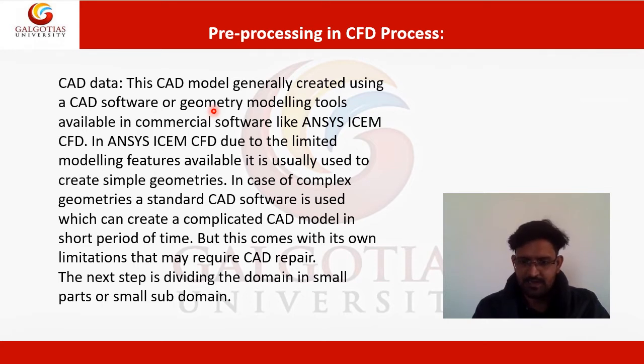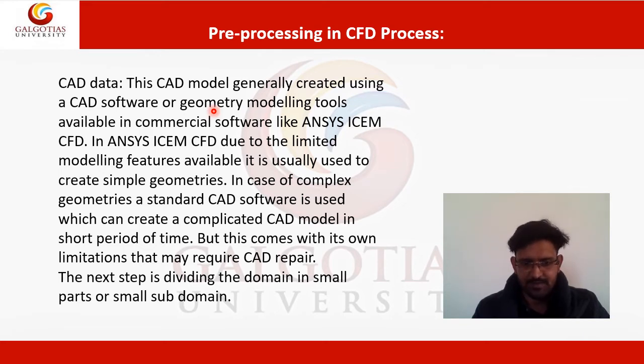In ANSYS ICEM CFD, due to the limited modeling features available, it is usually used to create simple geometry, or we have some other design software in which we design the model and import it to ICEM CFD. In case of complex geometry, standard CAD software is used which can create a complicated CAD model in a short period of time, but this comes with its own limitation that it may require CAD repair.